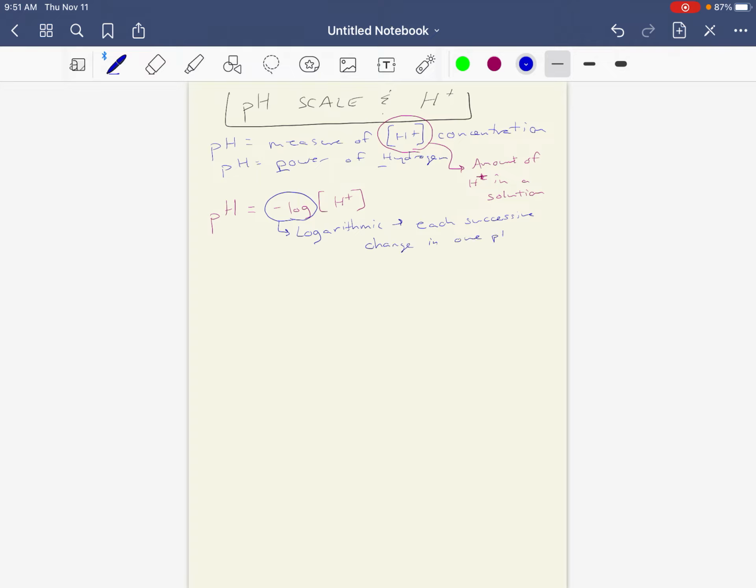Logarithmic just means that each successive change in one pH unit is equal to a tenfold change in hydrogen concentration.